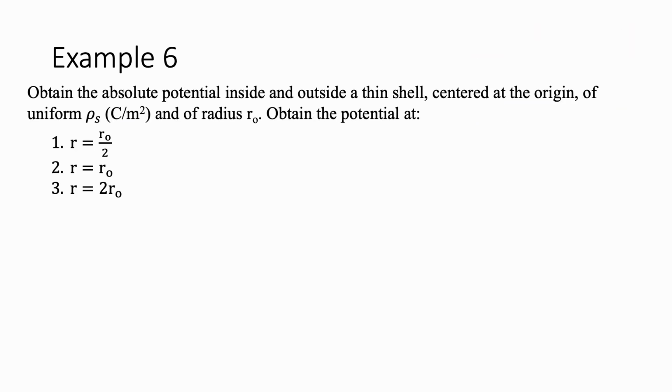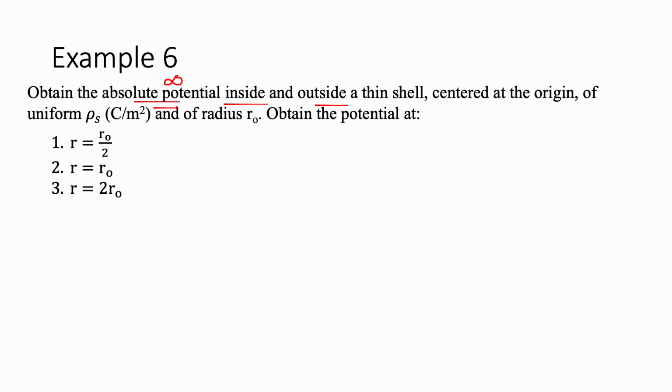Alright, so now let's look at the last example inside your slide, example number 6. We need to obtain the absolute potential inside and outside a thin shell, so your initial will be infinity.